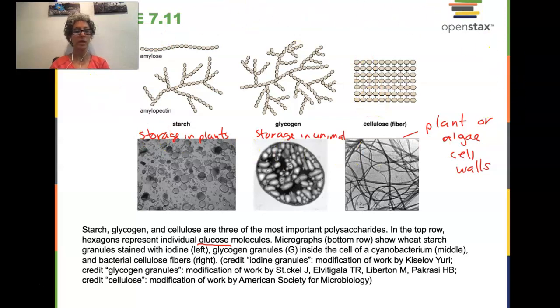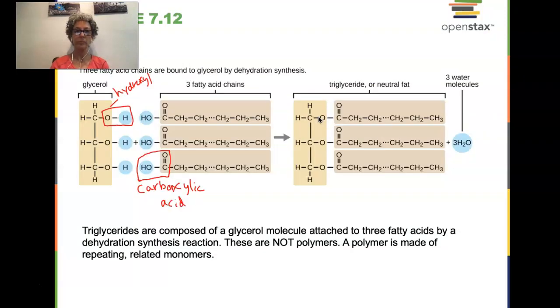All of these are made of glucose. So that is our examples of carbohydrates. There are a lot more and varied types of carbohydrates, but those are good examples, and they're the ones that we're going to need most when we're looking at metabolism of our unknowns in lab.